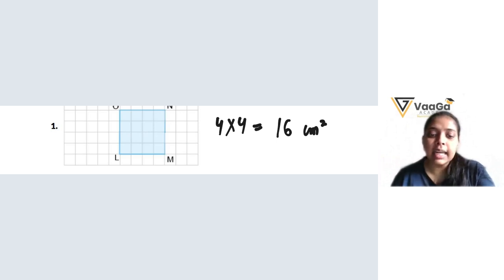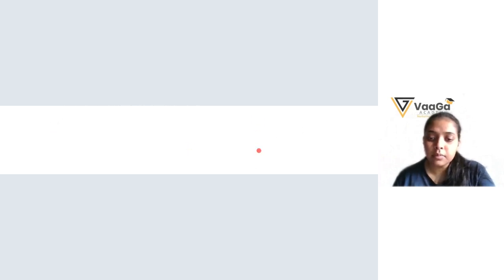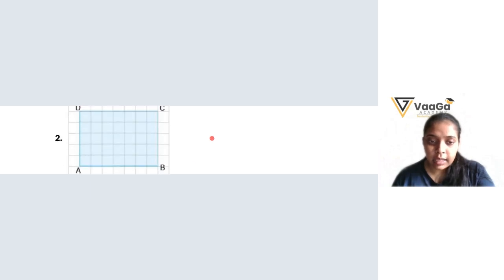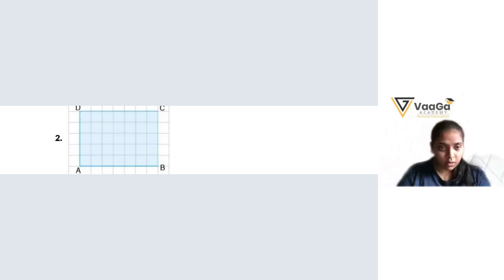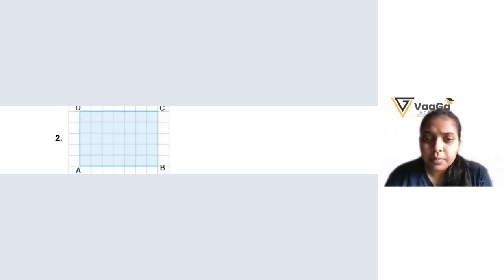Okay. Now let's try another one. Can you see this figure? Tell me the area for this one. 40. How is it 40?